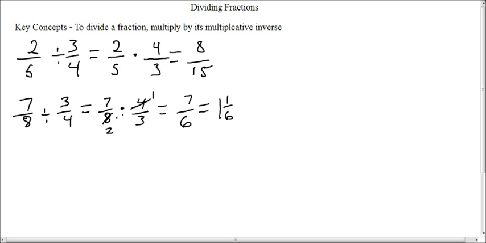Now we actually could have, just for those of you that don't want to get into the cross division, just taken 7 over 8 times 4 over 3, and we will wind up here with 28 over 24, since 7 times 4 is 28 and 8 times 3 is 24. Now what we need to do is see how we can reduce this.